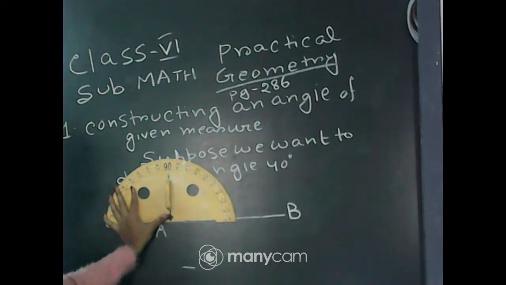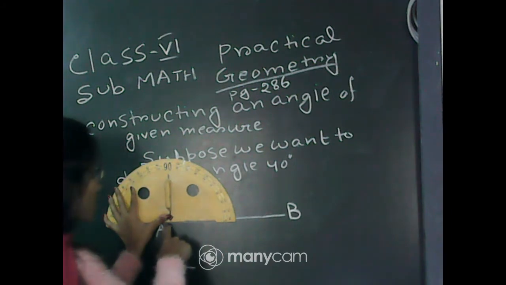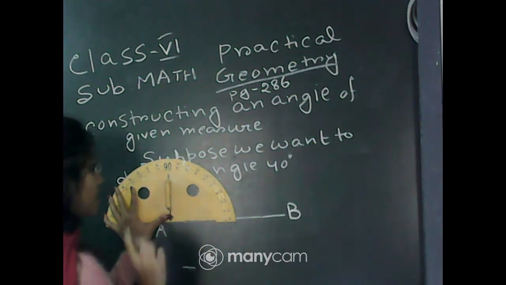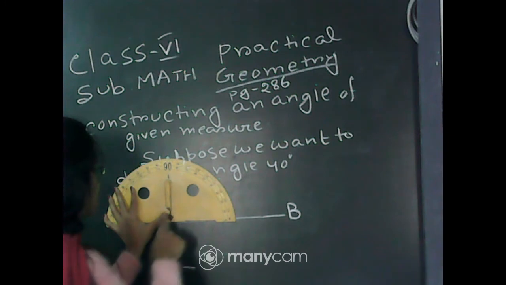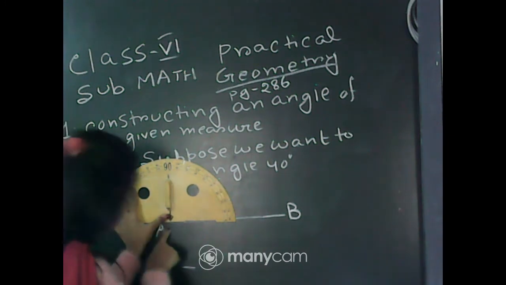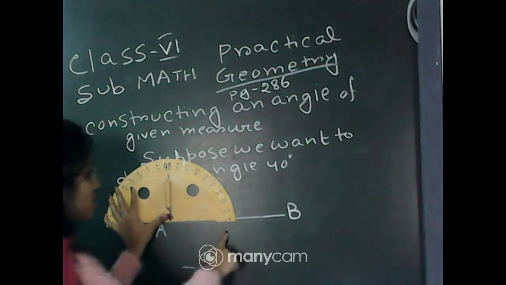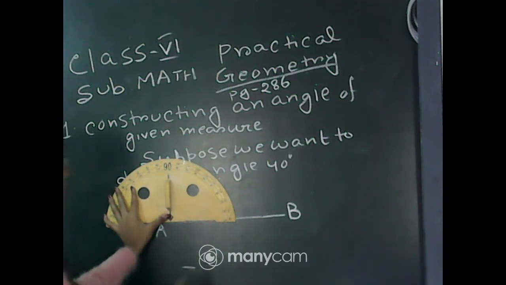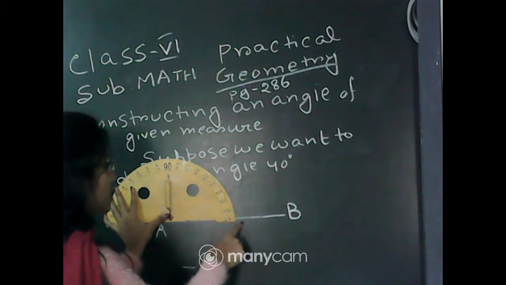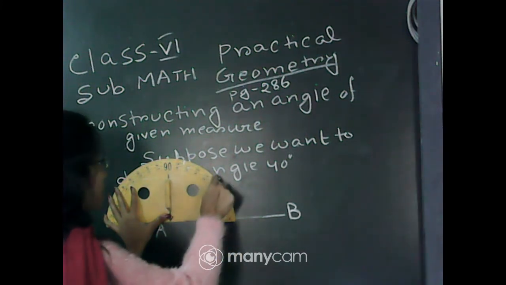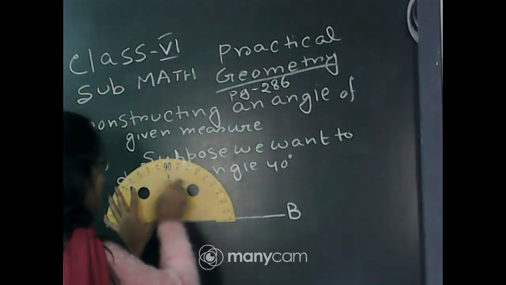Again I repeat, first we draw line AB of any length. Then we place the center of the protector at A and the zero edge along AB and start with 0 near B and mark a point C at 40 degree.